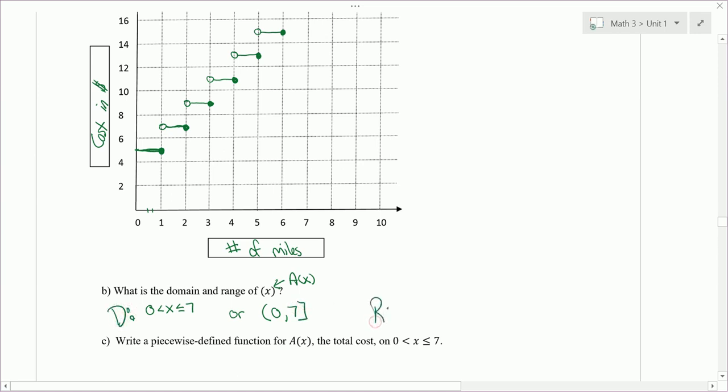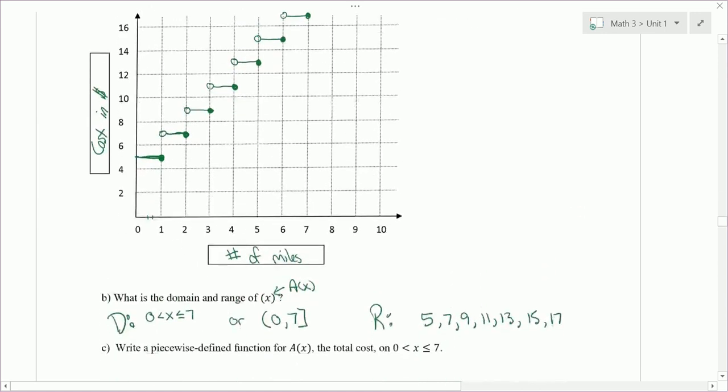For our range, we have isolated points here, so if you have a finite number of values within your range, you want to just list them out. So they may pay $5, 7, 9, 11, 13, 15, or 17.